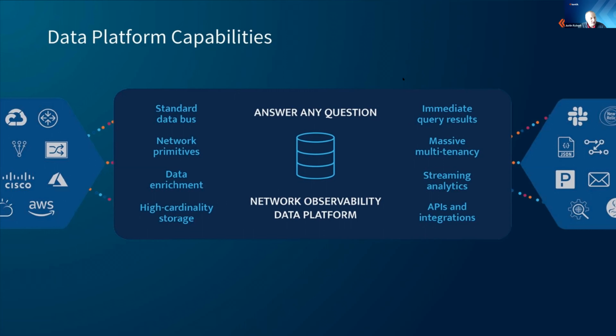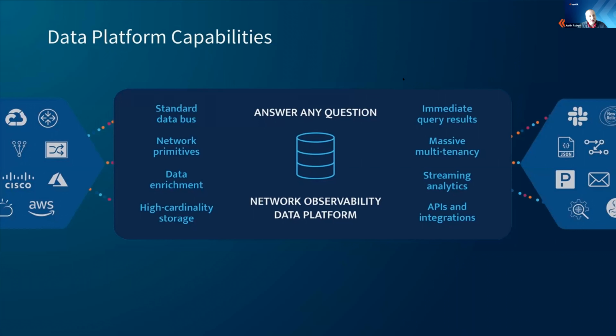So, within reason, you want to store all of the data being generated by all of these devices and applications in the network, so that when it comes time to troubleshoot, you have all the data and can really dive into it and peel the layers of the onion back.